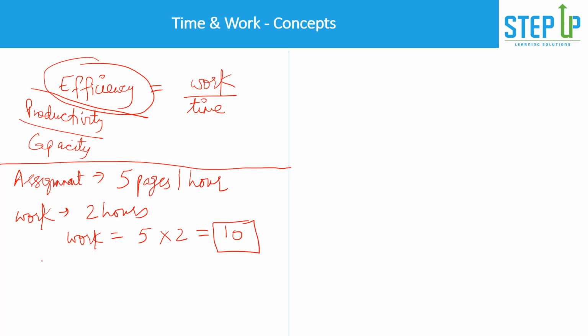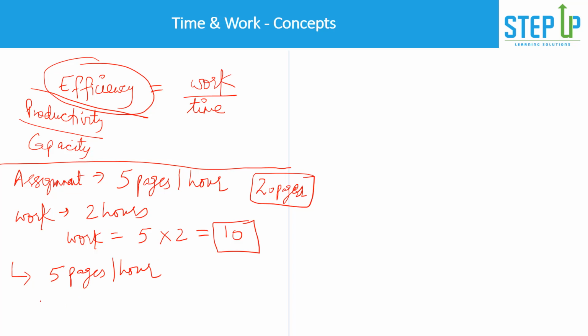Now, how they will do in the exam is that they may add a few more variables. So they may say, let's say it's a 20 pager assignment that you have to do. And let's say one of your really good friends comes along and he says, dude, I'm going to help you. And let's say the speed of that person is also 5 pages per hour.